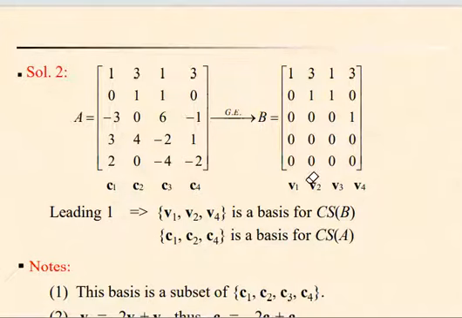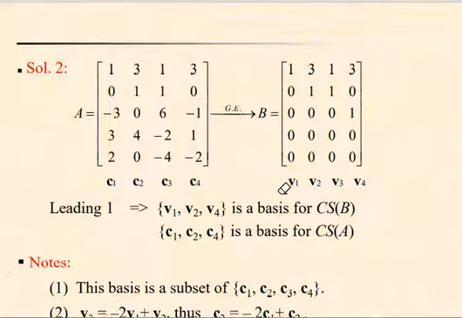Therefore V1, V2, V4 are linearly independent. You can find another one. V1, V3, V4 are also linearly independent. Therefore C4, C3, C1 are linearly independent. You can analyze like that. So I hope this makes sense.